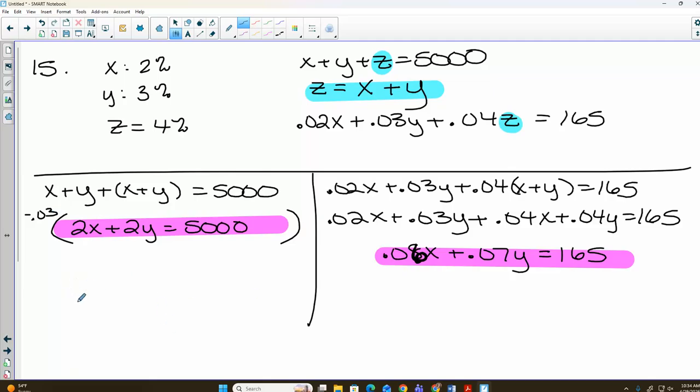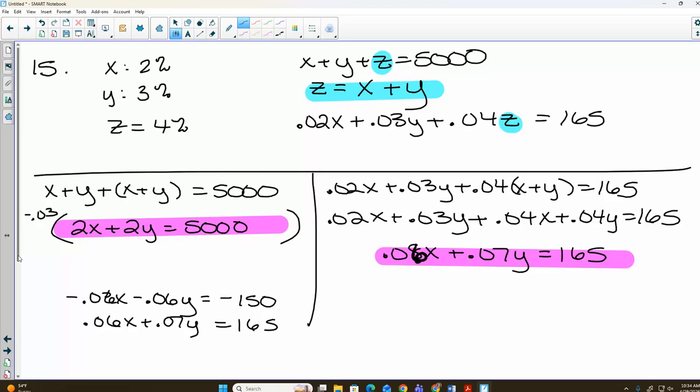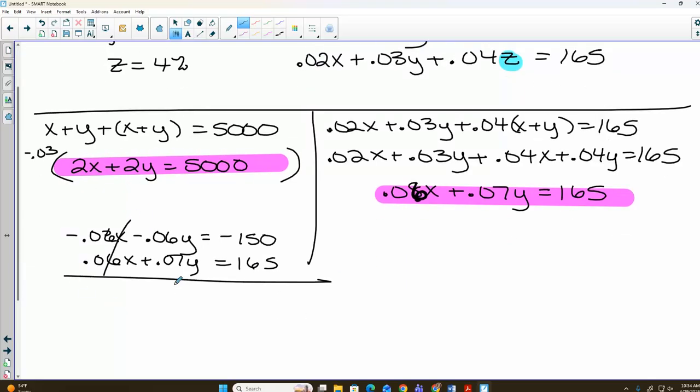So then I have a negative 0.06x minus 0.06y equals negative 150. And then my second equation. Add those together, x's cancel, so I get 0.01y equals 15. Divide, and so y is 1,500.